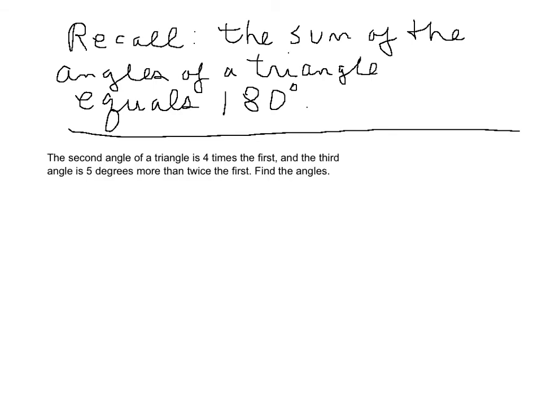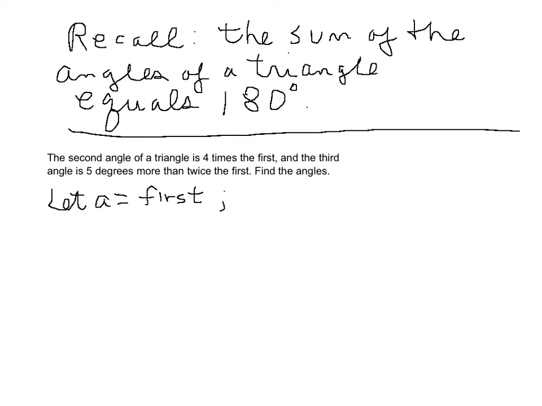So we need to read this carefully. The second angle of a triangle is 4 times the first, and the third angle is 5 degrees more than twice the first. Find the angles. So each of these is defined in terms of the first. So it kind of makes sense to say, let's let A equal the first.